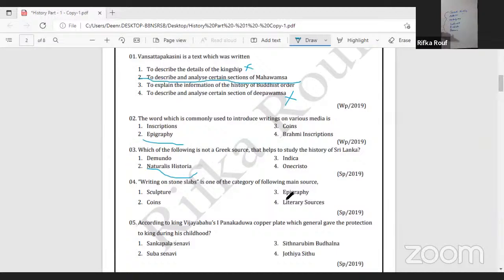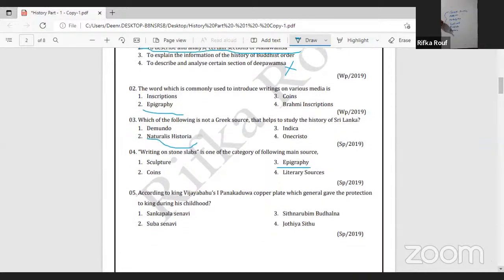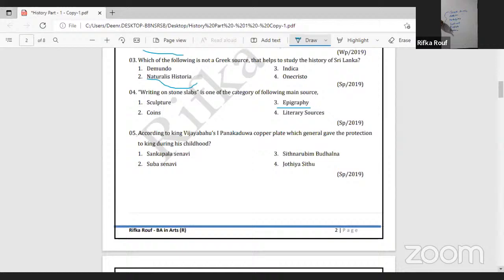So writing on stones, writing on wood, writing on copper, all these things are epigraphy. Right. Next.